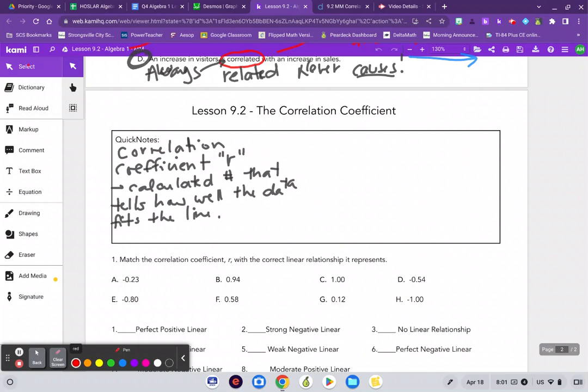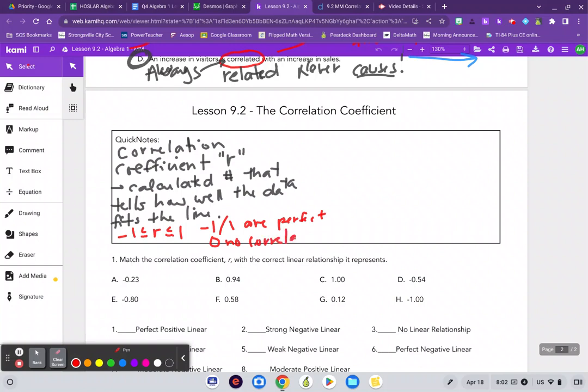We say that this can be anywhere between -1 to 1, where -1 and 1 are perfect. And 0 is no correlation.